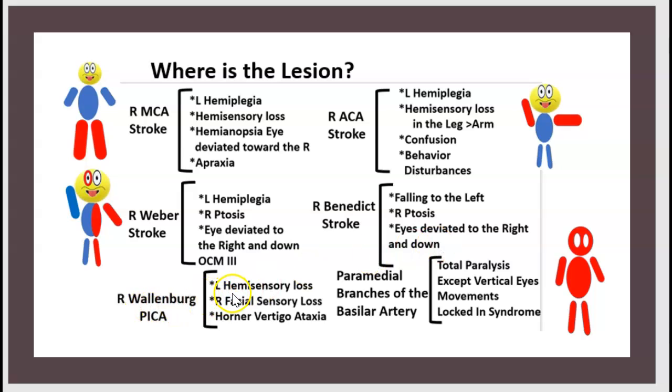Wallenberg-PICA: left hemisensory loss, right facial sensory loss, Horner, vertigo and ataxia. Paramedian branch of the basilar artery: locked-in syndrome, total paralysis except vertical eye movement.